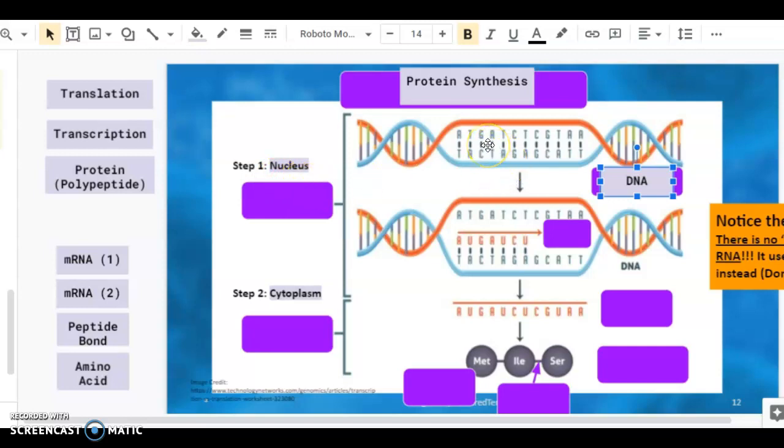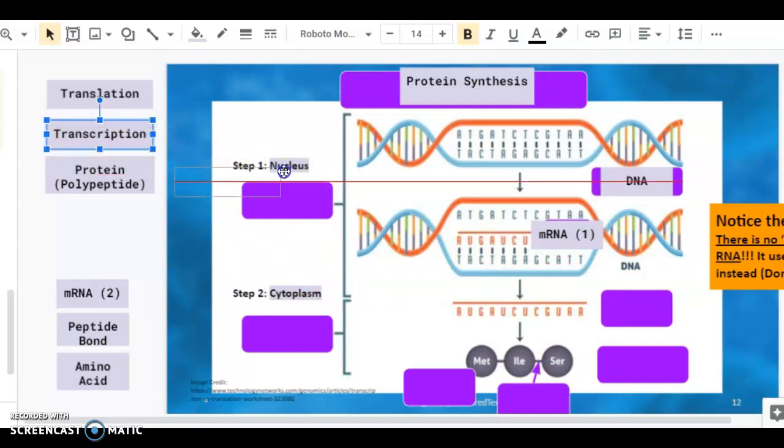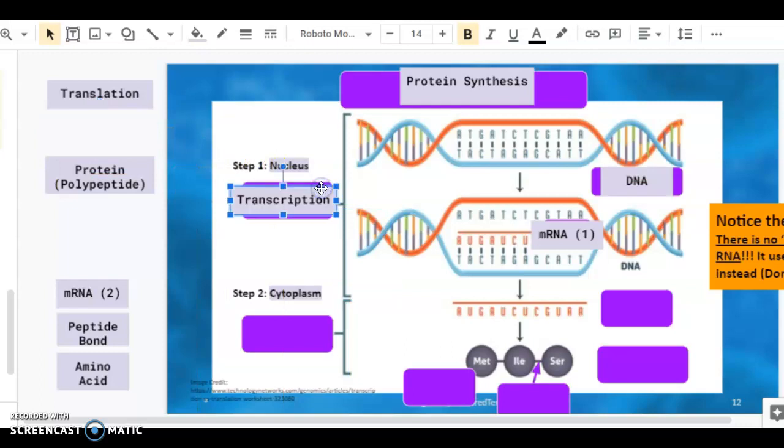The first step of 2 in protein synthesis is when the DNA unwinds one section known as a gene, and it makes, using one side of that gene, an mRNA transcript. And this step, because it's making an mRNA transcript, is known as transcription.